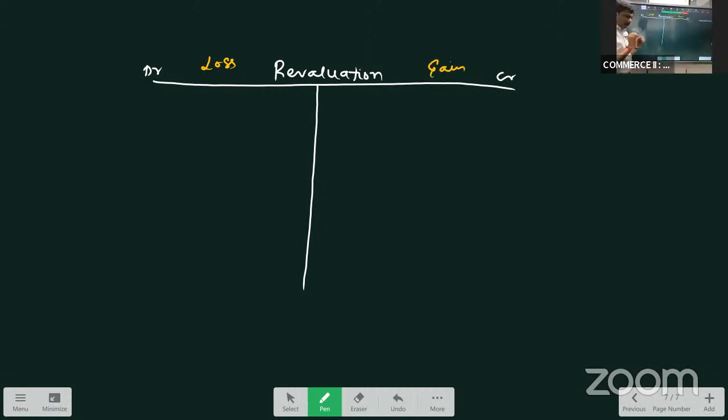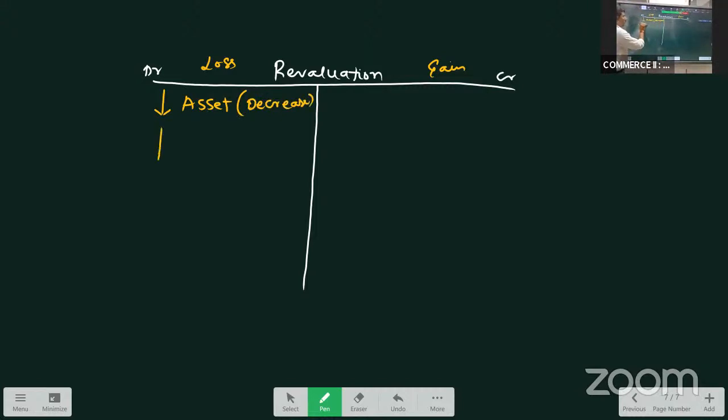Losses on the debit side, gains on the credit side. Now, losses or gains because of revaluation of assets and liabilities, I told you. Suppose there is a decrease in the value of asset. What is it? Yes, it is a loss. So if there is a fall in the value of asset, we should take it on the debit side. If there is a decrease in the value of asset, that tends to a loss to the firm, it should be taken on the debit side.